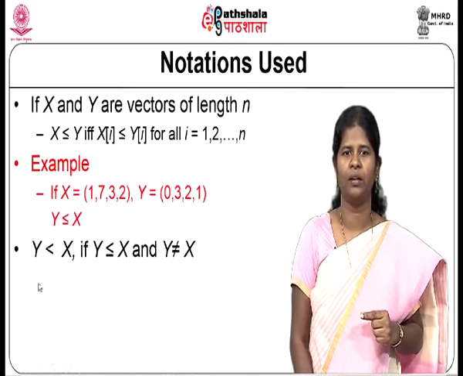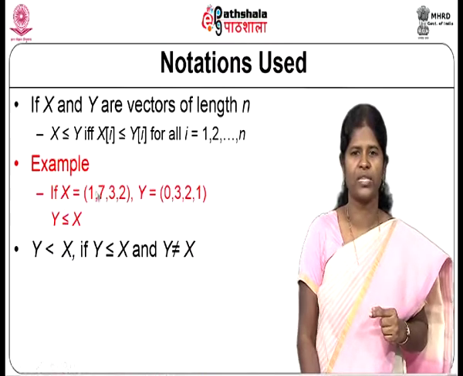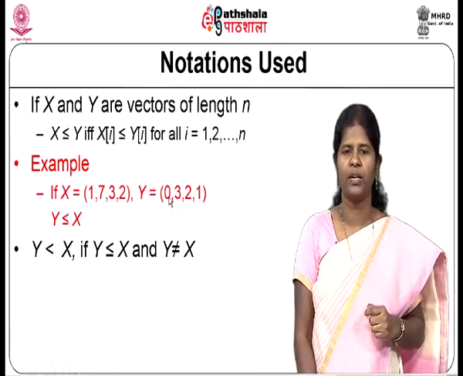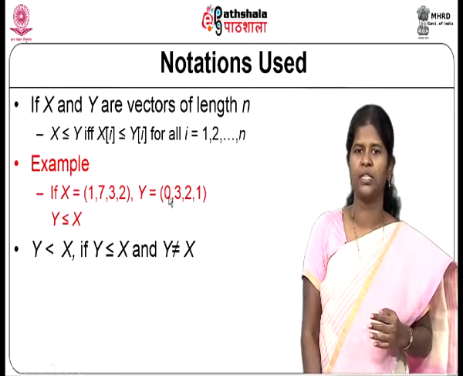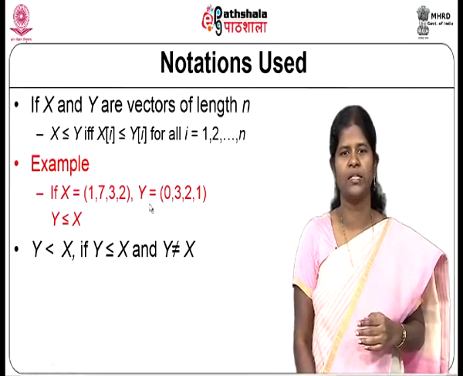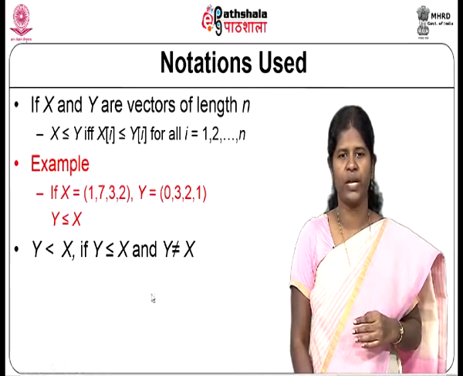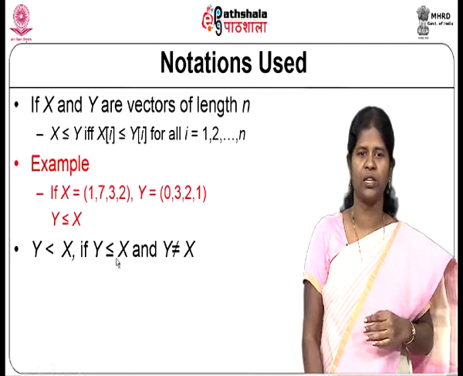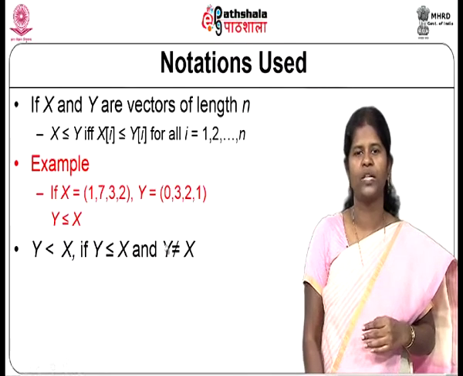For example, say x is 1 7 3 2 and y is 0 3 2 1. Each element in y is less than the corresponding element in x, and hence y is less than or equal to x, and y is less than x if y is less than or equal to x as well as y is not equal to x.